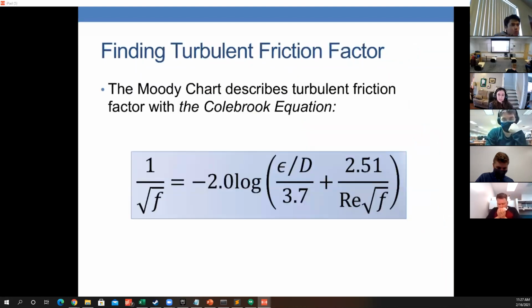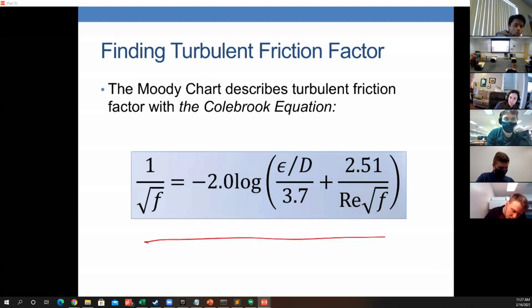All right, so as I said, that Moody chart you saw there is an empirical correlation that came from experiments. And the equation that is fit to the empirical correlation is this guy. It is called the Colebrook equation. I'll give you some time to write it down. This is going to be important.